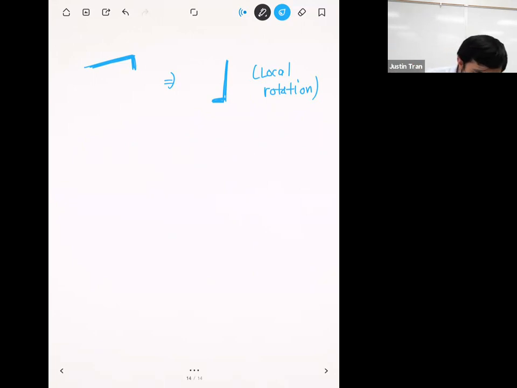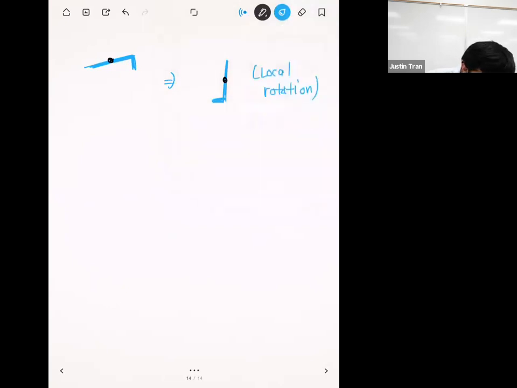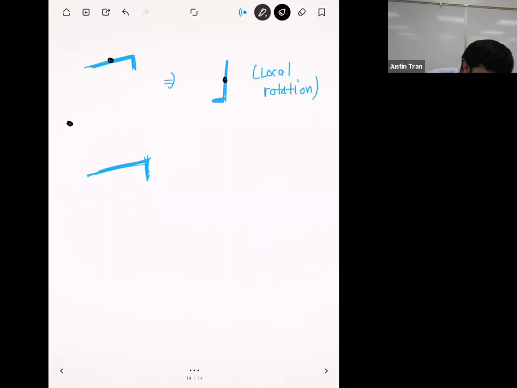In addition to rotating like this, around this center of axis, the other thing that the leg is doing, if we start from the initial position again, let's say that up here is the center of mass of the body. The leg is also rotating around this center of mass.